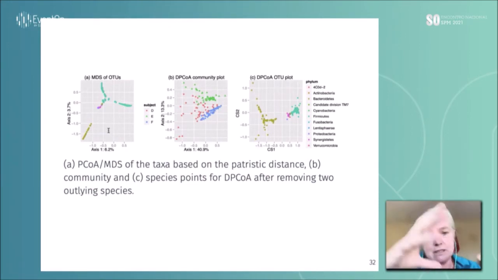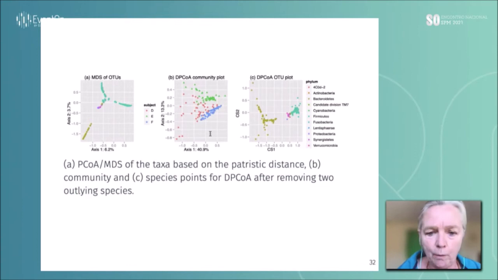But then we take the centers of gravity, we do the projection, and here we see that we have 3 colors, and they're the 3 different patients. So in some sense, the first effect that you could see is there's a within subject effect. So subjects vary, and the blue subject here has much less variation than the green and the red, and we'll talk a little bit more about that in a minute.